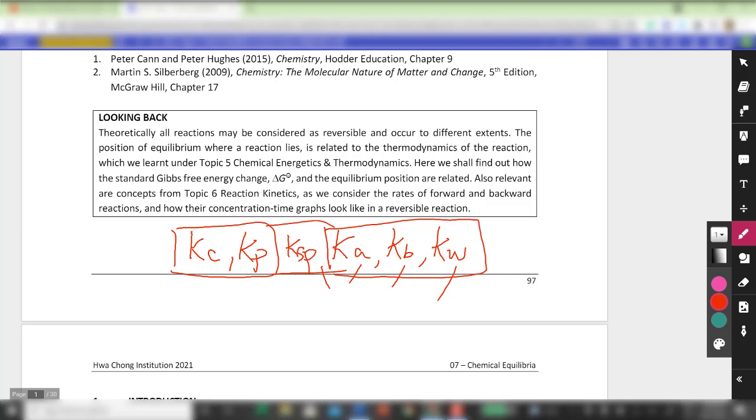Okay, whether the equilibrium can be established fast or slow is really temperature dependent as well, and activation barrier dependent. Okay, so in this aspect, we are not really focusing on fast or slow, but we are really looking at where the equilibrium position lies towards. Is it more product heavy or is it reactant heavy? Okay, so the value of the equilibrium constant will give us a clue on that.